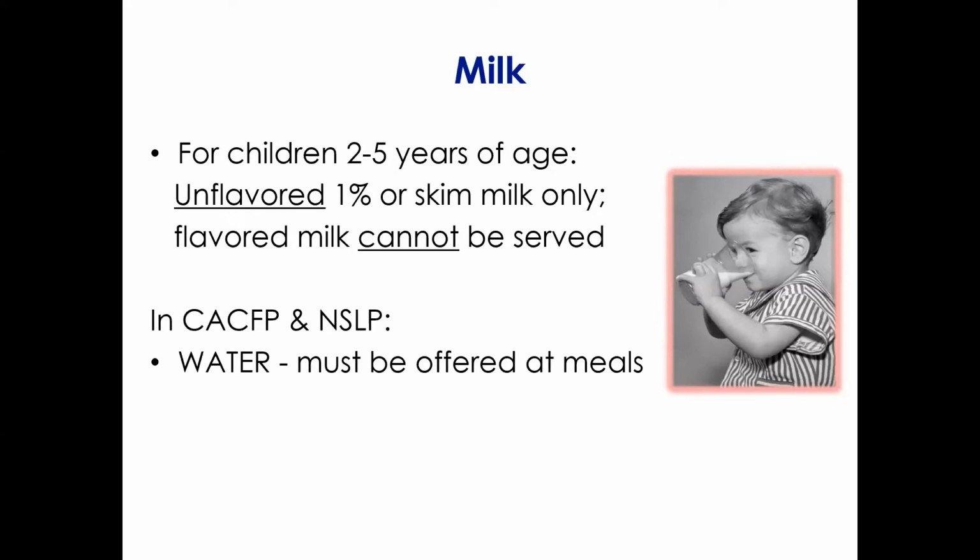Flavored milk would not be eligible to be served under CACFP guidelines. So if those students are commingled, you would still follow that NSLP meal pattern. If they're not commingled, those students could not be offered flavored milk varieties.